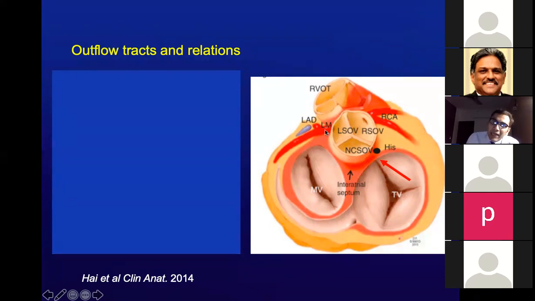That is why sometimes, because of the pressure, perhaps the aorta may turn slightly more anteriorly so that the right sinus of Valsalva comes here, the left sinus of Valsalva comes posteriorly, and the left main then has to course this location to reach the left side.